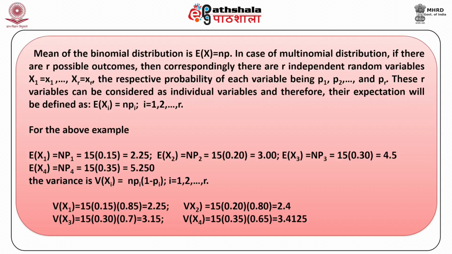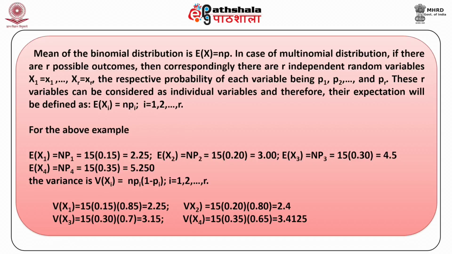The respective probabilities we have denoted from P1 to Pr. Now these r variables can be considered as individual variables and therefore their expectation will be defined as expected value of Xi equal to npi, where i can take the values from 1 to r.